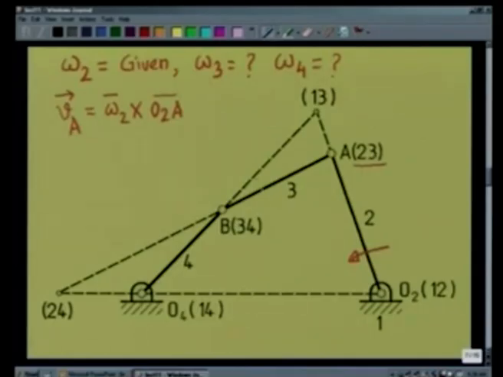And now let us consider the point A as a point on link 3, and link 3 is rotating at this instant about the point 1, 3.